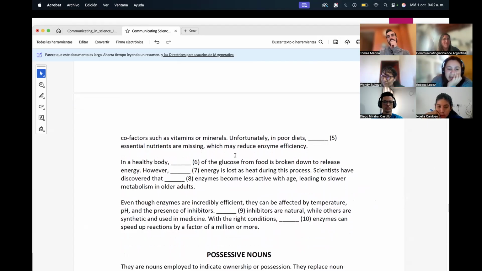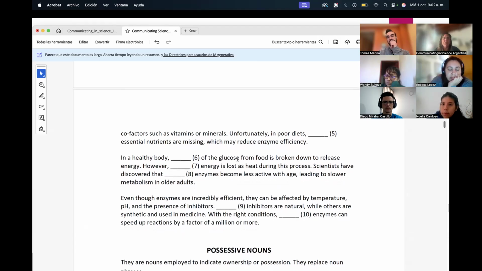No, it is not all. La mayoría, right? Not all. It depends on how much glucose we ingest, actually. But in general, it's most. La mayoría. Most of the glucose from food is broken down, or some, you could say some.